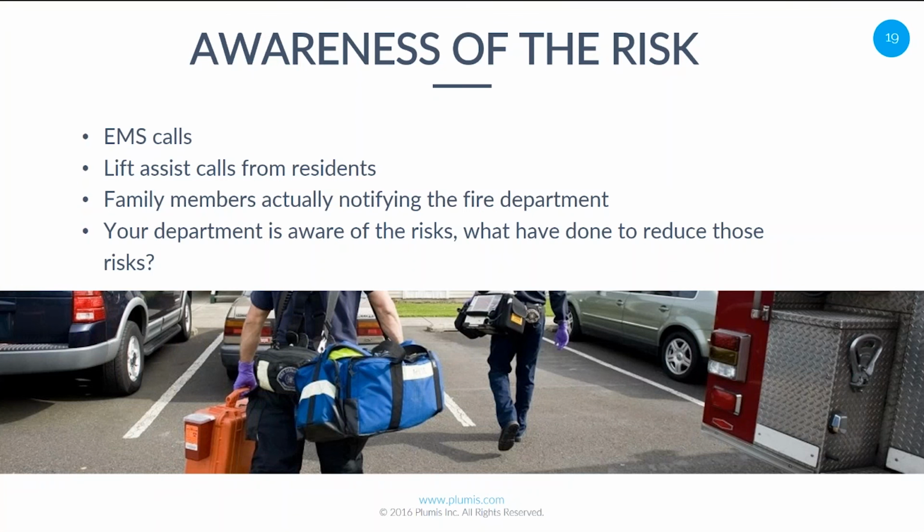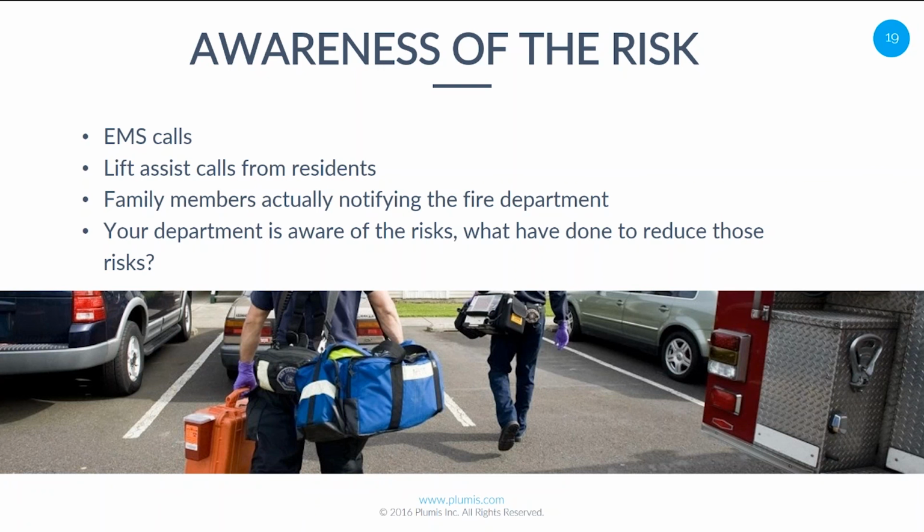We've asked you to consider your community risk assessment, but also want you to realize this: the reality of it is that you or your department is probably already aware of the risk of this high-risk population in your jurisdiction. Whether that be through the EMS calls that I mentioned just a moment ago, or the lift assist calls, which may actually come from the resident themselves when Granny falls out of bed and they can't get her back.